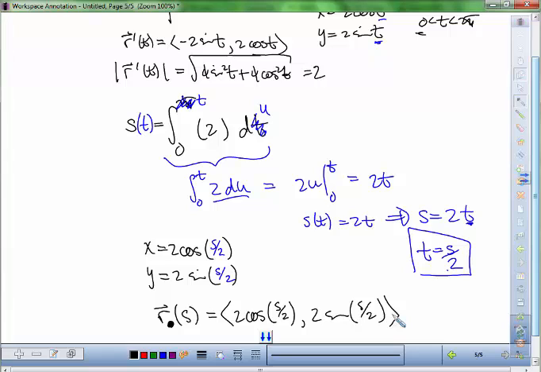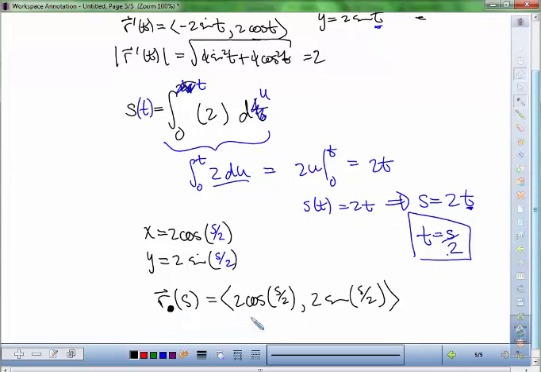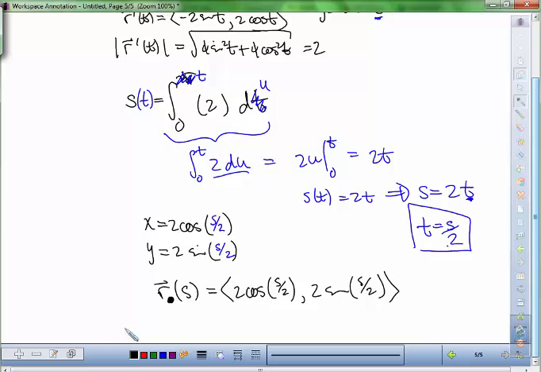So now, if I want to find the arc length where my s value goes from 0 to 5, then my arc length is going to be 5, without having to do this integral. If I want the arc length from s equals 0 to s equals 5, then arc length is going to be 5.